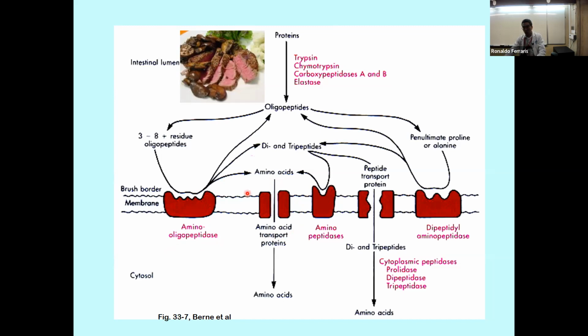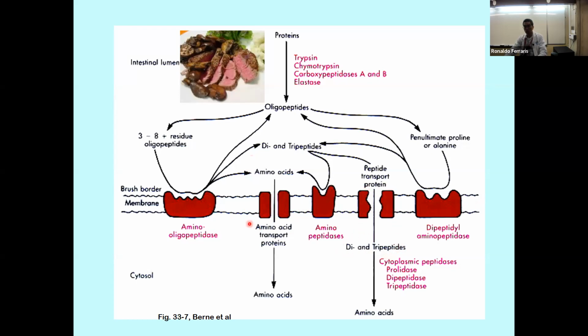So we also have a large number of amino acid transport proteins, because amino acids are hydrophilic. They need transporters to go from an aqueous medium to an aqueous medium while crossing a hydrophobic barrier. Lo and behold, we also have a peptide transporter. It's a di and tripeptide transporter.